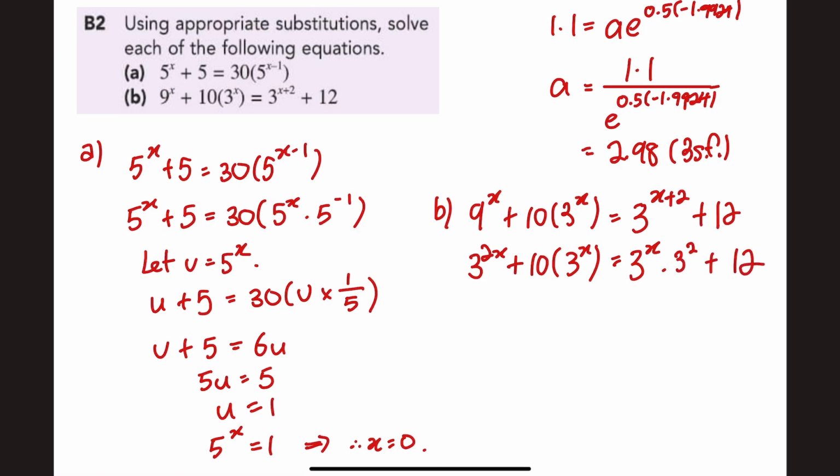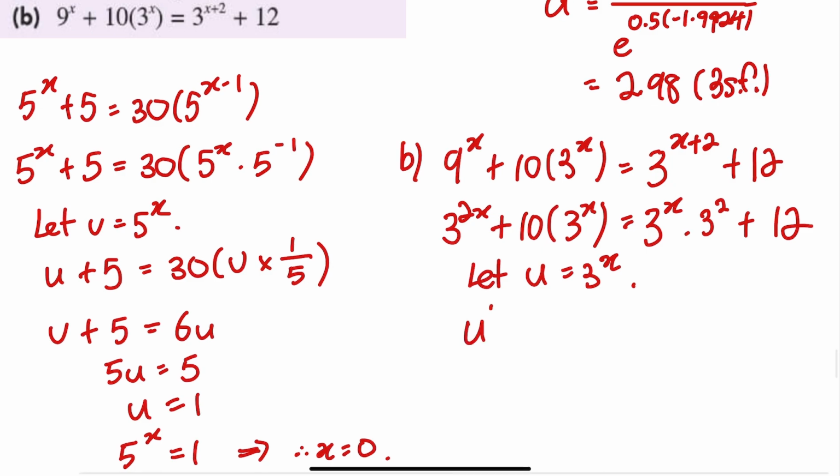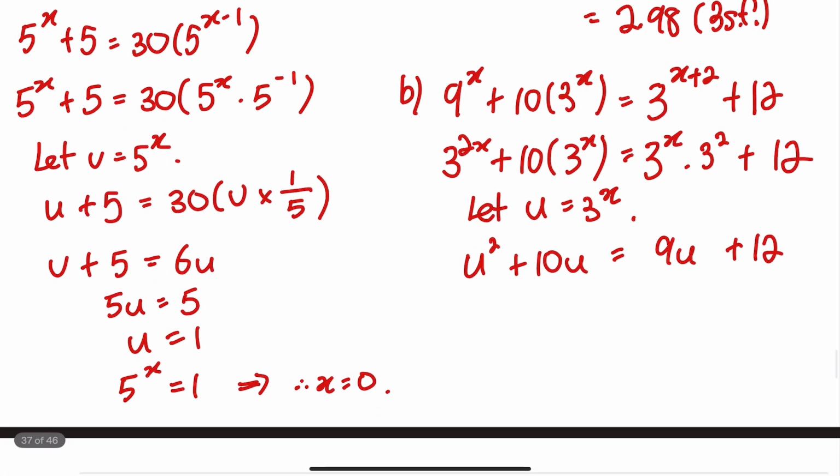Okay, therefore, I'll use the substitution. Let u be equals to 3 power x. So this means that, in this case here, u squared plus 10u equals to u times 3 squared, which is 9u plus 12.